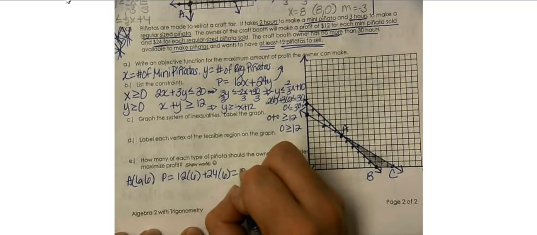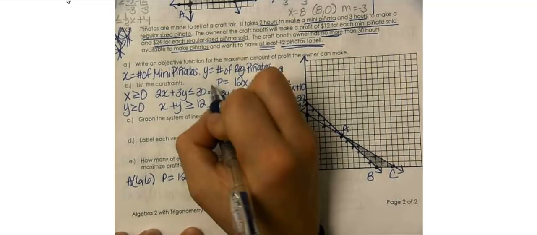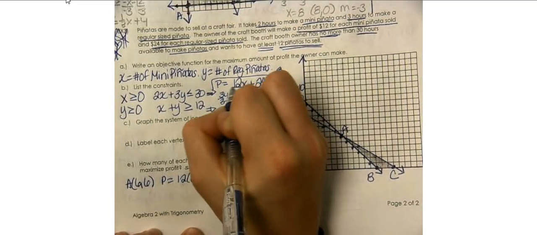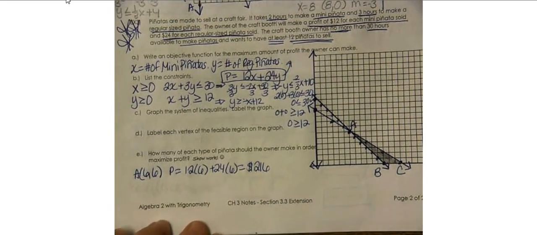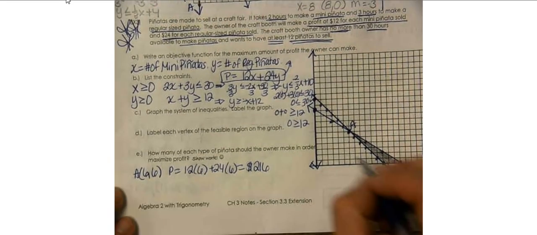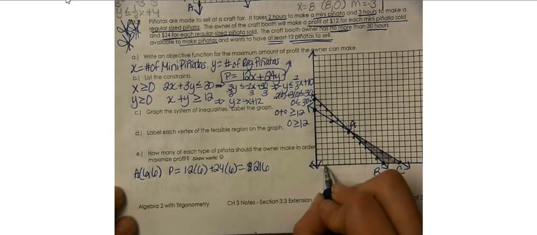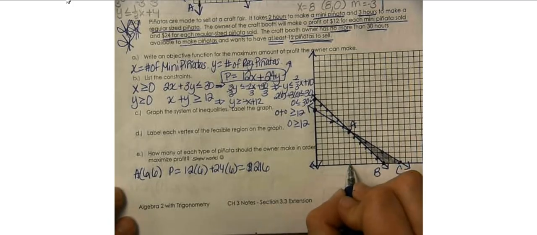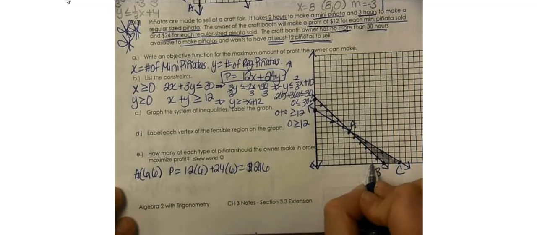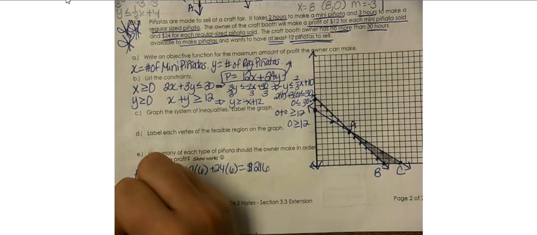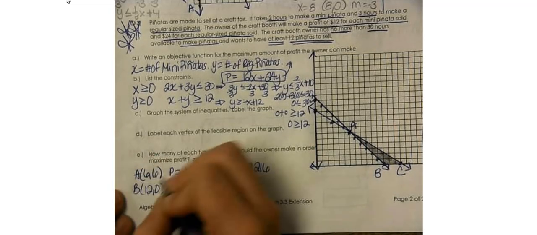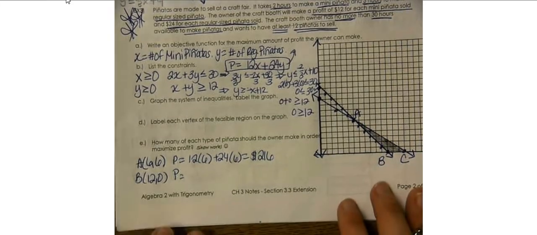Letter B, we have the ordered pair 1, 2, 3, 4, 5, 6, 7, 8, 9, 10, 11, 12. That is located at 12, 0. I'm checking my profit. This is going to be 12 times 12 plus 24 times 0. This is equal to 144. So far letter A is winning.